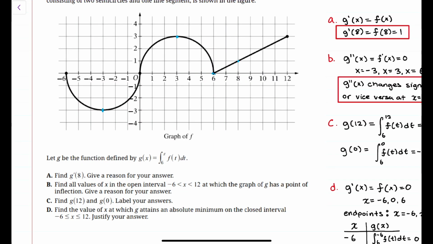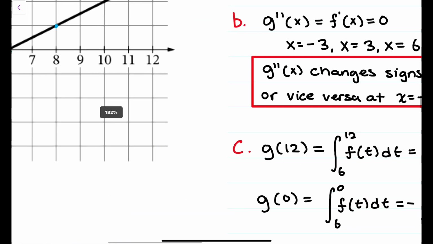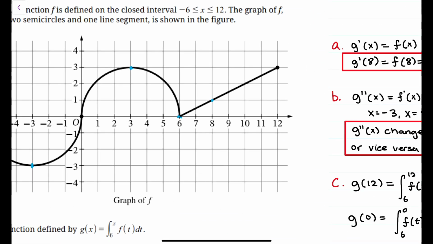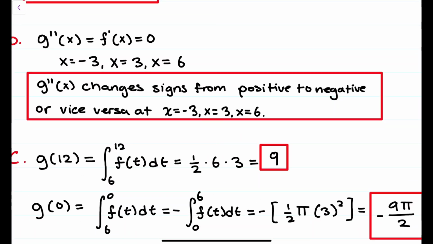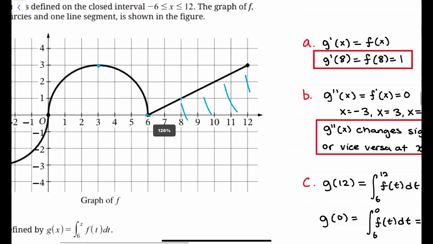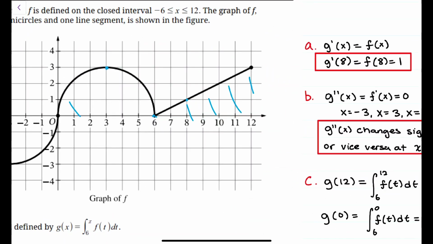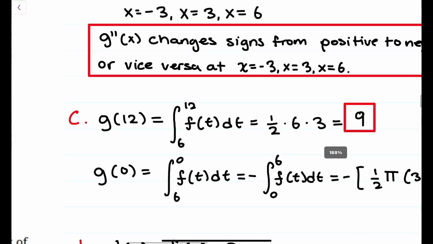So find g of 12 and g of 0. So g of 12, which is the integral from 6 to 12 of f of t dt, that's just this triangle right here. So we just use the triangle formula 1/2 base times height, and we can get that it's 9. And then g of 0, which is the integral from 6 to 0 of f of t dt, is this semicircle here above the x-axis.